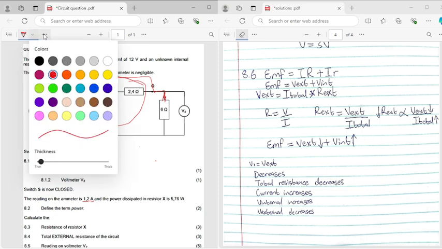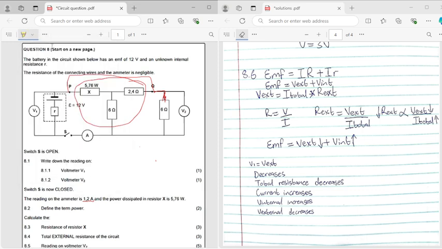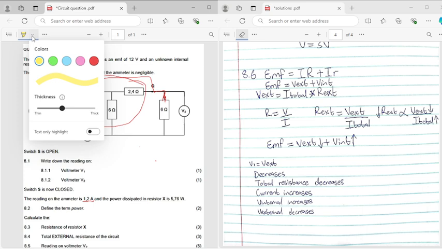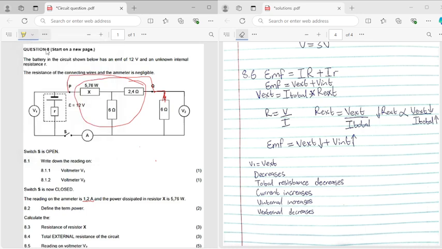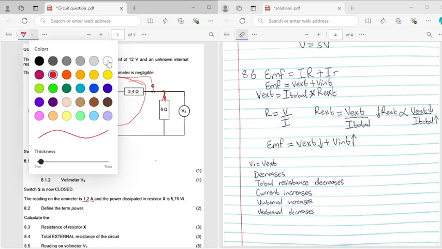Let me see if I can get something to highlight. Okay, let's try to make it a bit thick.